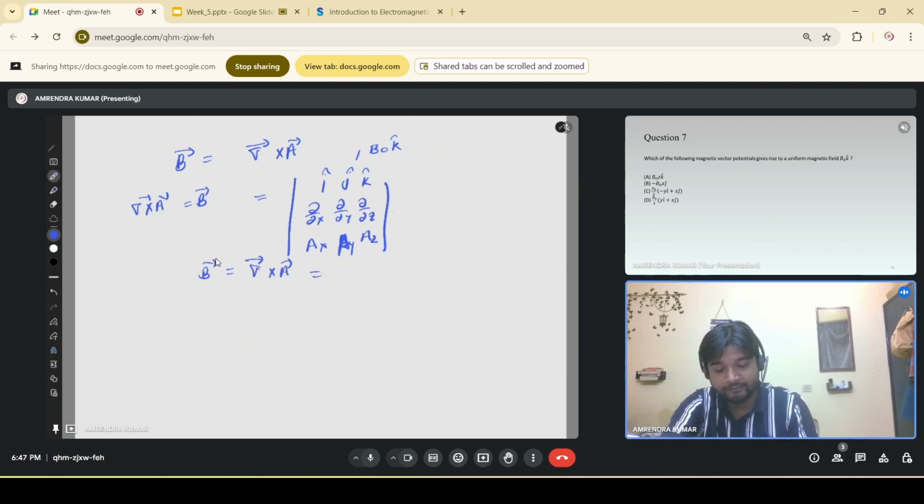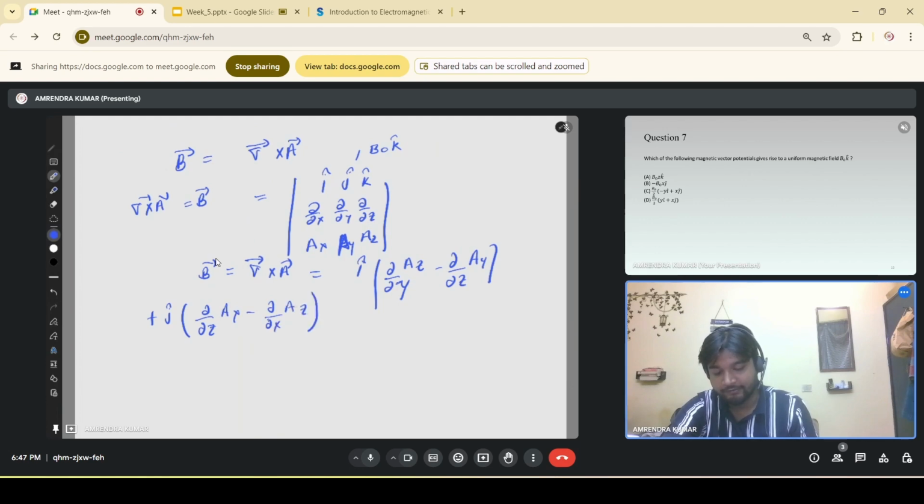It comes out to be I (del over del Y AZ minus del over del Z AY), plus J cap (del over del Z AX minus del over del X AZ), plus K cap (del over del X AY minus del over del Y AX).